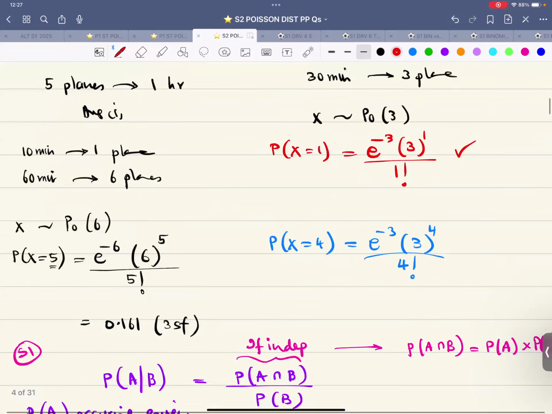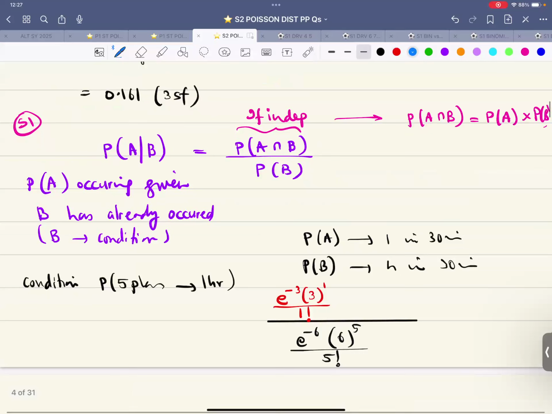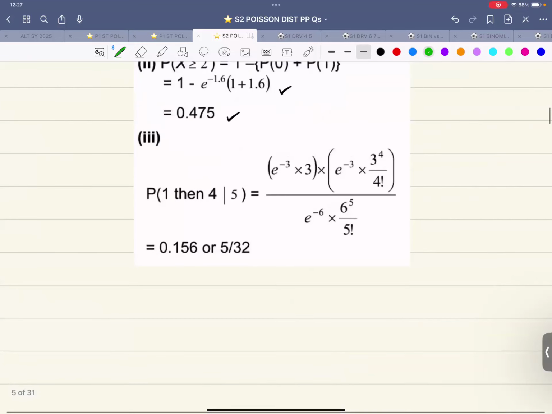This is this one. And then the blue one, e raised to power of -3, 3 raised to power of 4 over 4 factorial. So we multiply these two and divide by this. That is the exact working. This is probability x is equals to 1 in half an hour. This is probability x is equals to 4 in the next half hour.